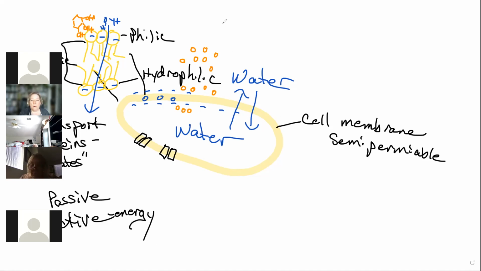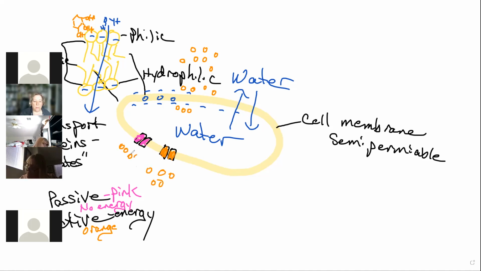So let's say that this one is a passive transporter. We're going to color that pink, and it requires no energy. And we're going to color this one orange, and it's going to be active. Setting up my legend here. So let's say I've got a bunch of sugar out here.